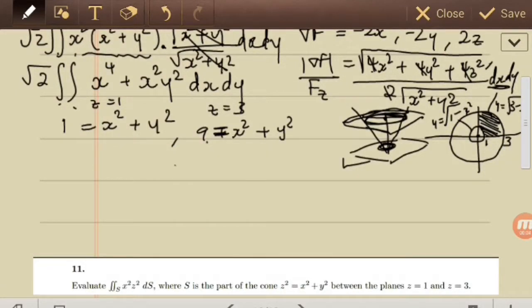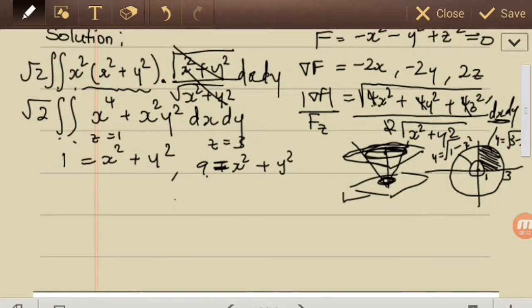This would be very easy if we use polar coordinates. So we can change this to be 2 root.